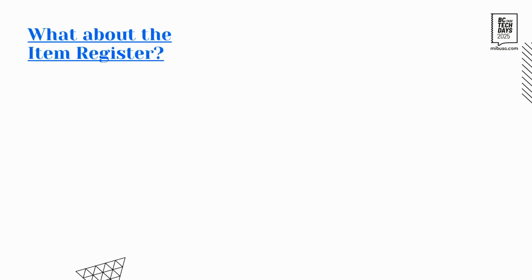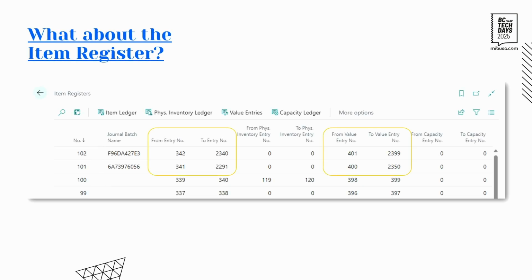So what does that do to the item register, where we have this from entry number and to entry number, and the from value entry and so on? There are these 4 tables that are connected to the item register. As you can clearly see in those yellow boxes, there is a huge overlap, because these processes were started almost simultaneously.